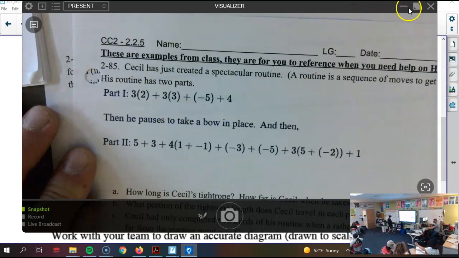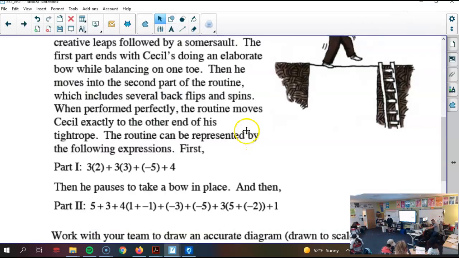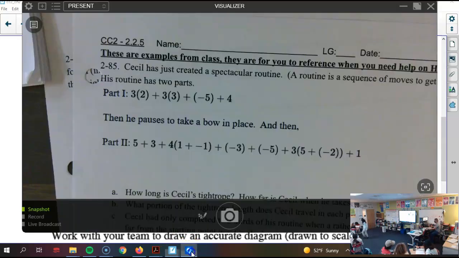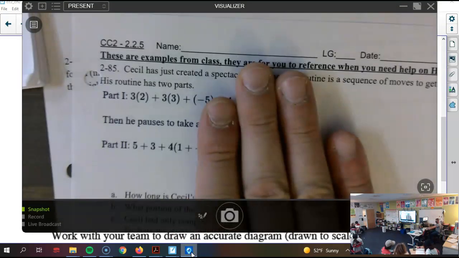I need you to work with your team to figure out how long is... Oh, it would help if I... you guys got to tell me when I think you're looking at something and you're not, because if my screen gets locked, I don't always know. All right, handout. Looks like this.